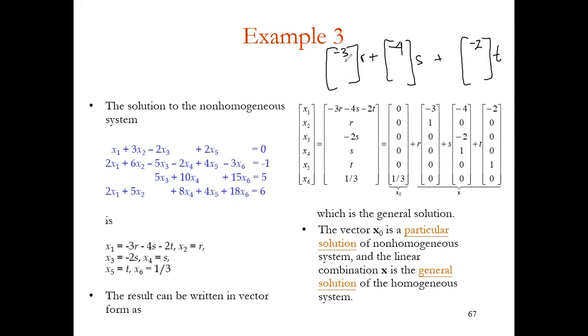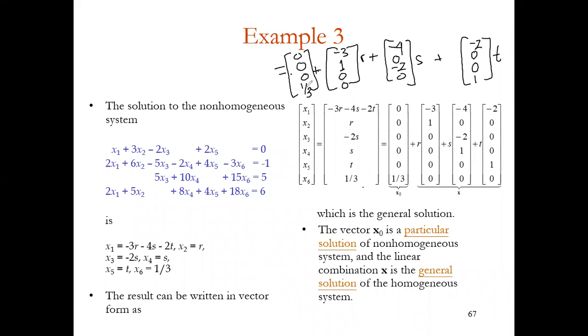For r, this is 1; we don't have any other, so we put 0. s is minus 2 here, with no t. And t is here 1, and the 1/3 doesn't have any relation to r, s, t, so you need to make one other column vector, called 1/3.